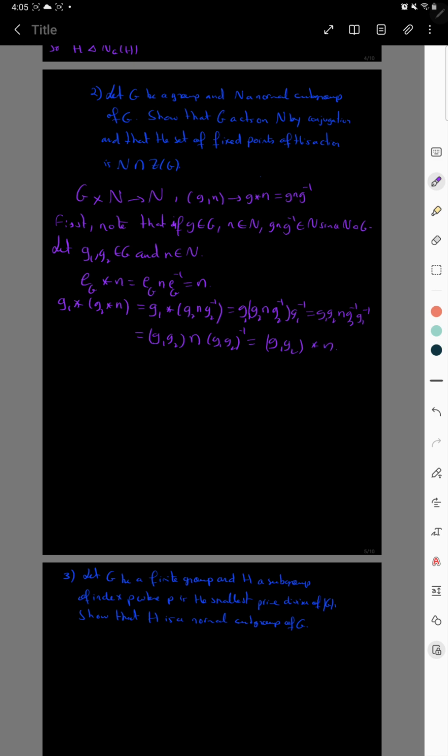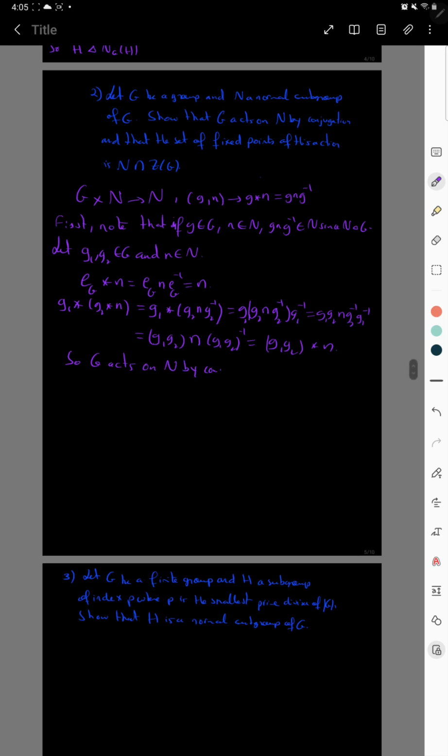So this is indeed an action. So G acts on N by conjugation.